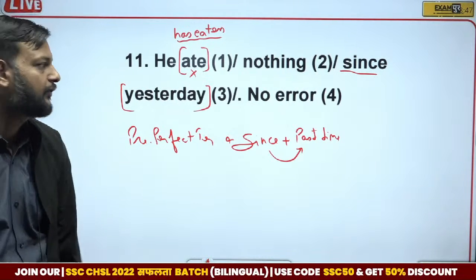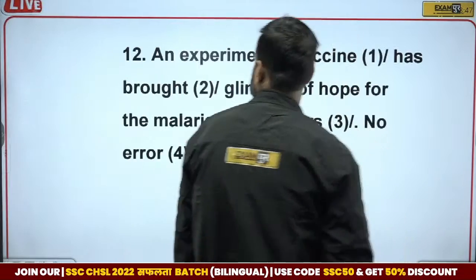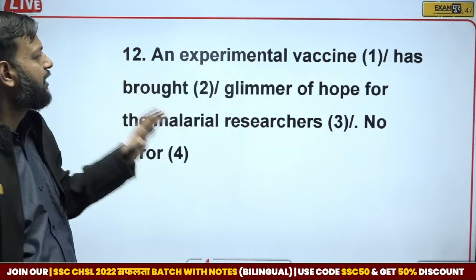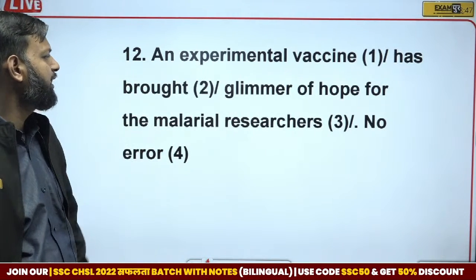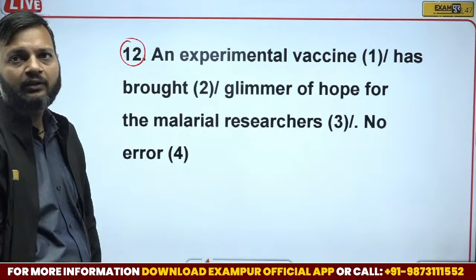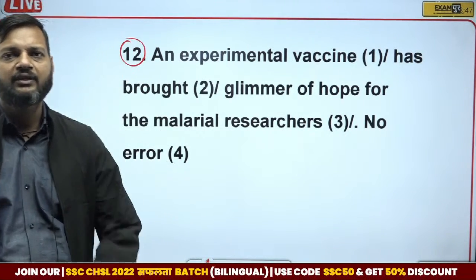Clear? Let's see the next question. Question 12. An experimental vaccine has brought glimmer of hope for the malarial researchers. Now this is what I call a good question. What is the error in this sentence?